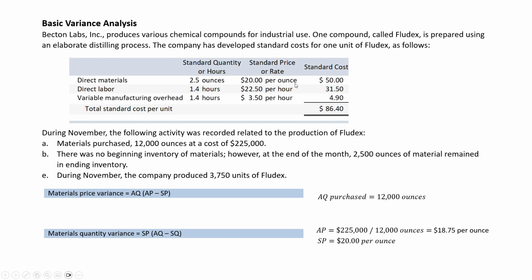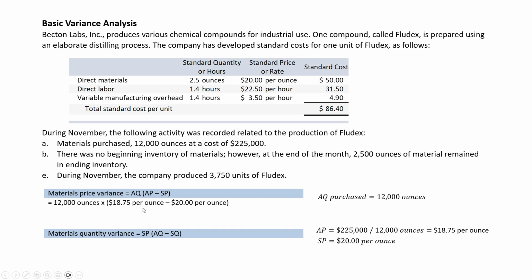We want the cost per unit for the material, and that's $20 per ounce. We don't care that there's $50 of material cost in a final Fluidex. So just ignore this right-hand column listed under standard cost. We care what the material costs per ounce. So that's what we're going to list, $20 per ounce.